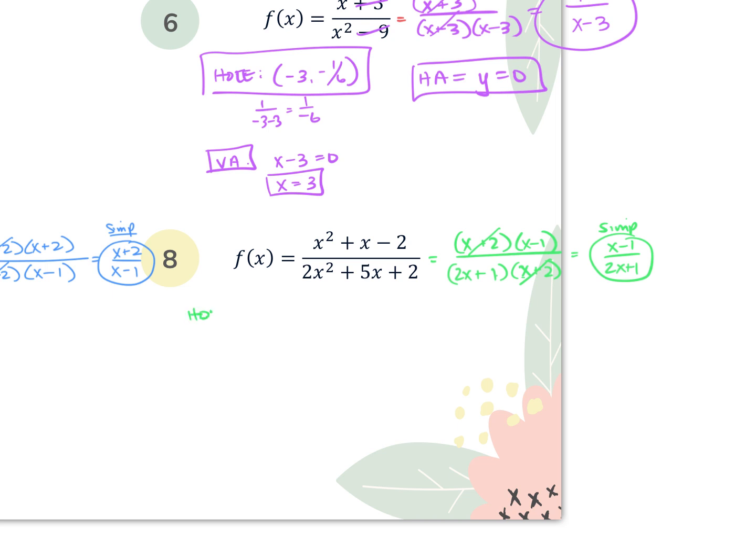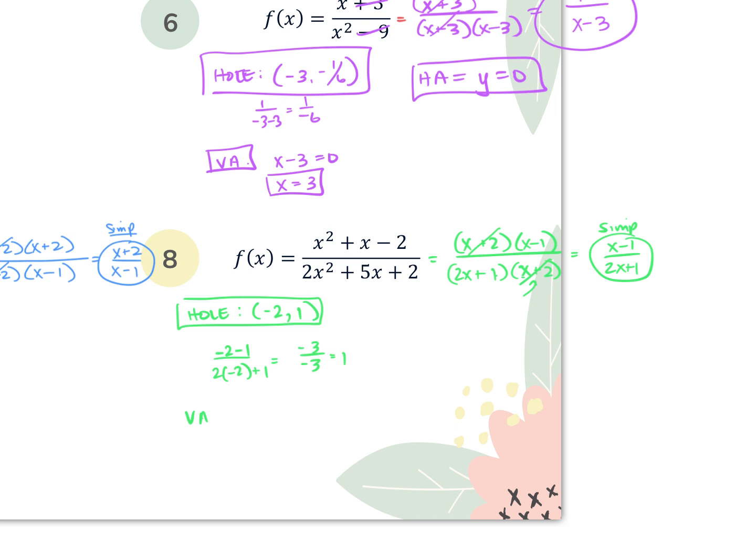So I know I'm going to have a hole because I have that repeated factor. The x value of my hole is going to be x is negative 2, because that's what would make it equal to 0. Then I'm going to plug that x into the simplified version. 2 times negative 2 plus 1, I'm going to get negative 3 over negative 3, which is 1. And so here is the hole of my graph.